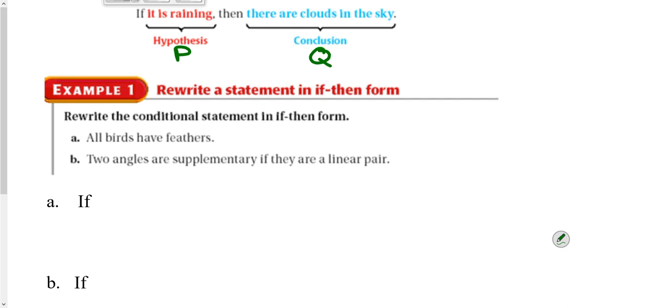So example number 1, we need to rewrite the statement in if-then form. So here's our first statement. All birds have feathers. So birds are our P, and feathers are the Q. So how could we write all birds have feathers in an if-then statement?